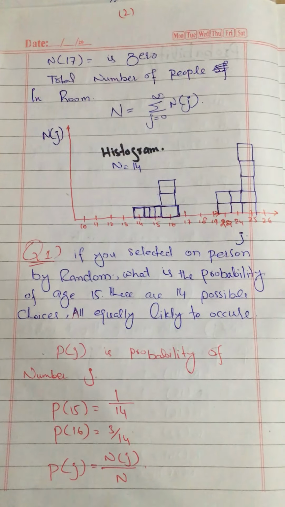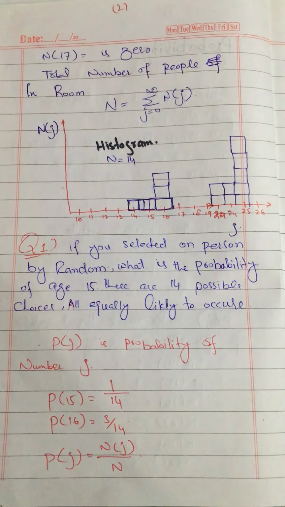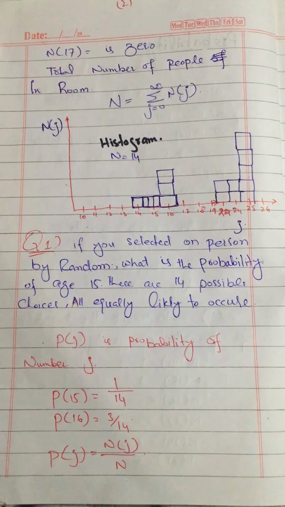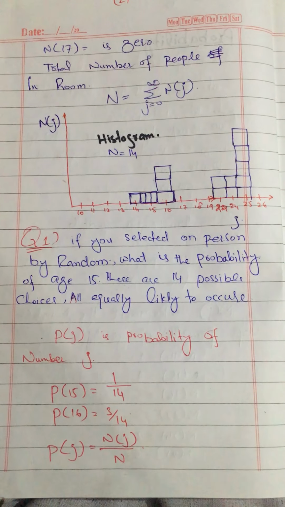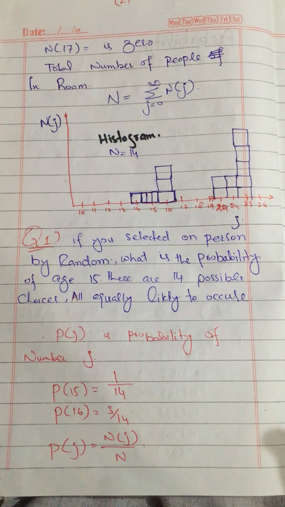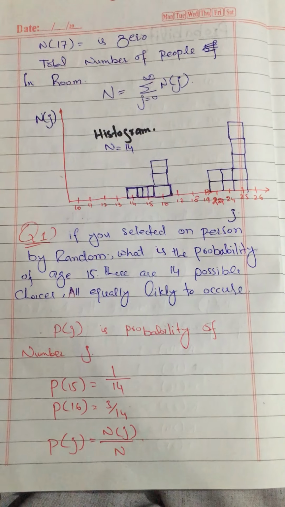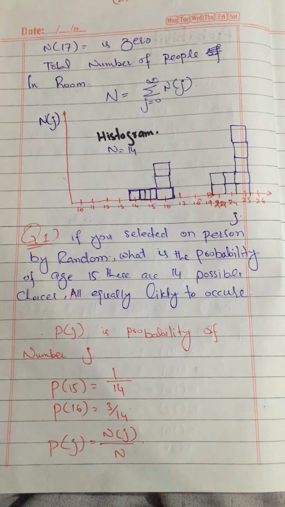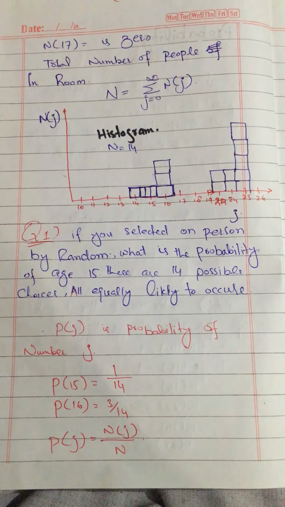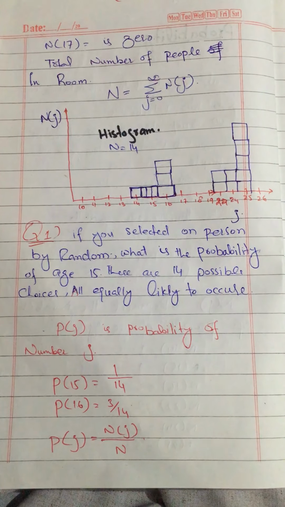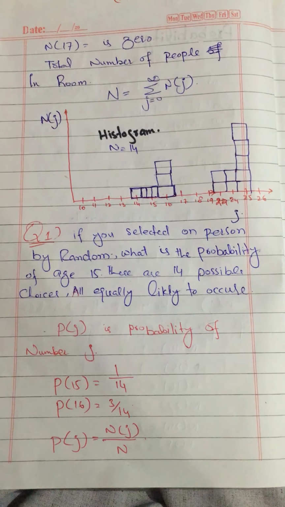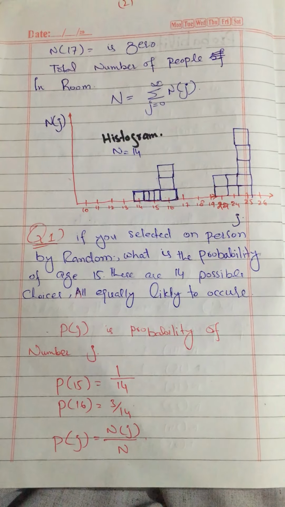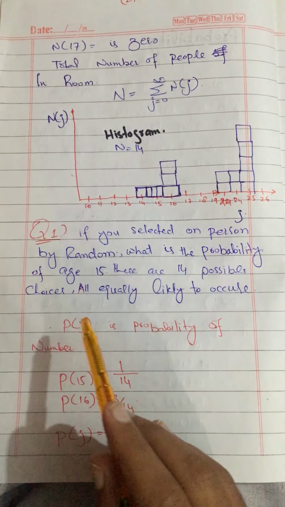Now we have a question: if you select one person at random, what is the probability of age 15? If you want to select randomly one person from the room, how probable is it that we will select a person of age 15? So here is the formula.